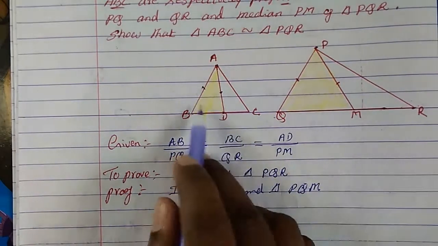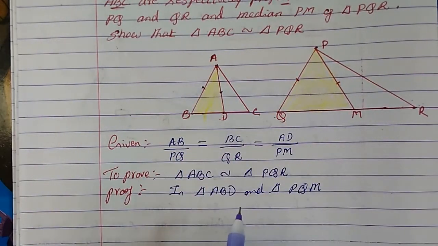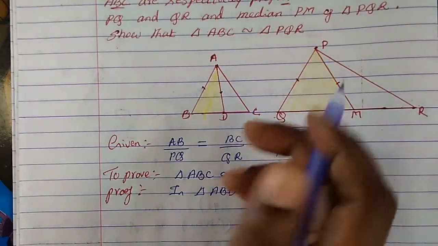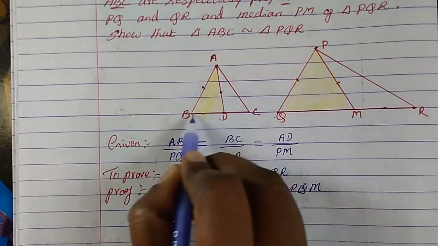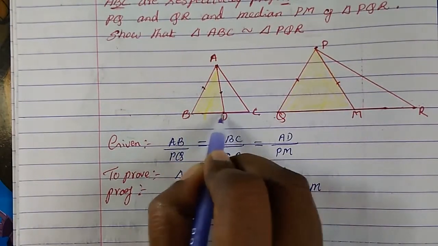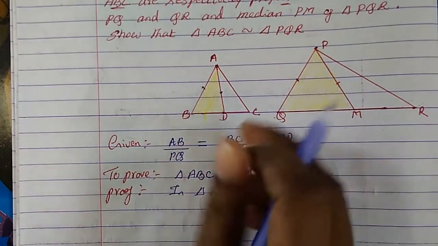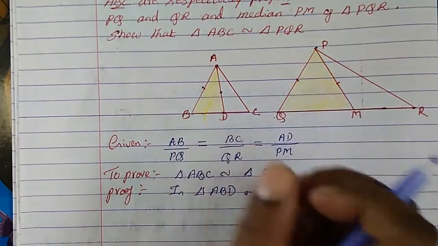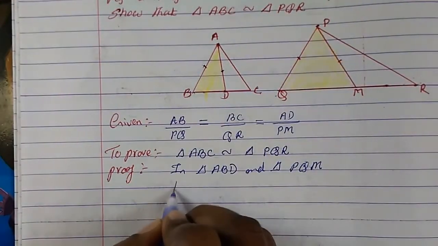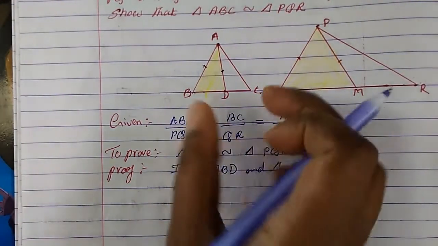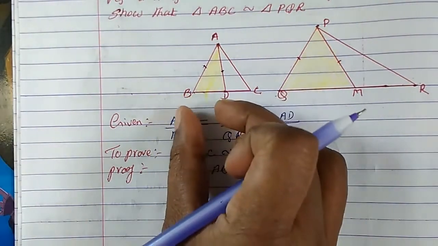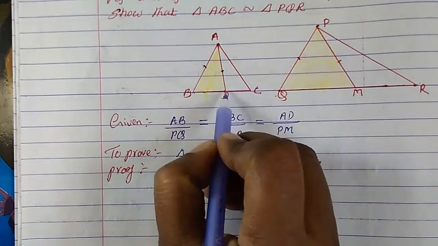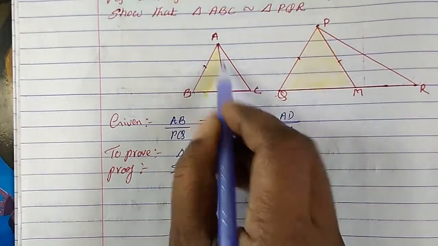In these two triangles, what are the things given to us? Before that, since already two sides are given to us, we need the third side. For this third side, what we will take, this BC, can we write it this way? BC equal to 2 times BD, because it is said AD is a median.